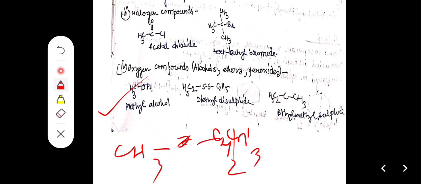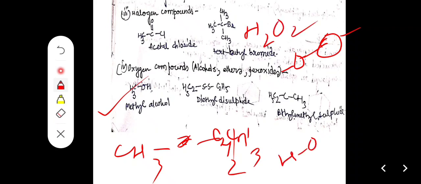And peroxy also is an oxygen compound, having a peroxy group, where two oxygens are attached. That's why we term it peroxide. We know this comes from H2O2 hydrogen peroxide, because there is an O-O linkage. That's why we term it peroxides.